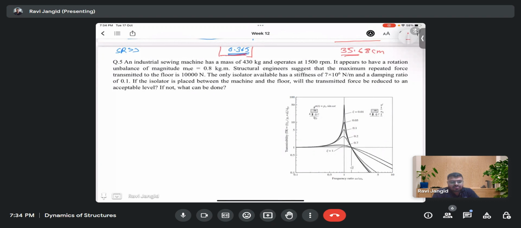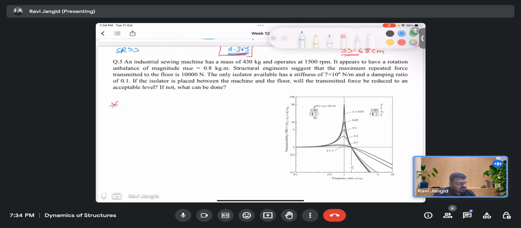This is like the previous question we did, if you remember, the transmissibility ratio from the unbalanced mass.